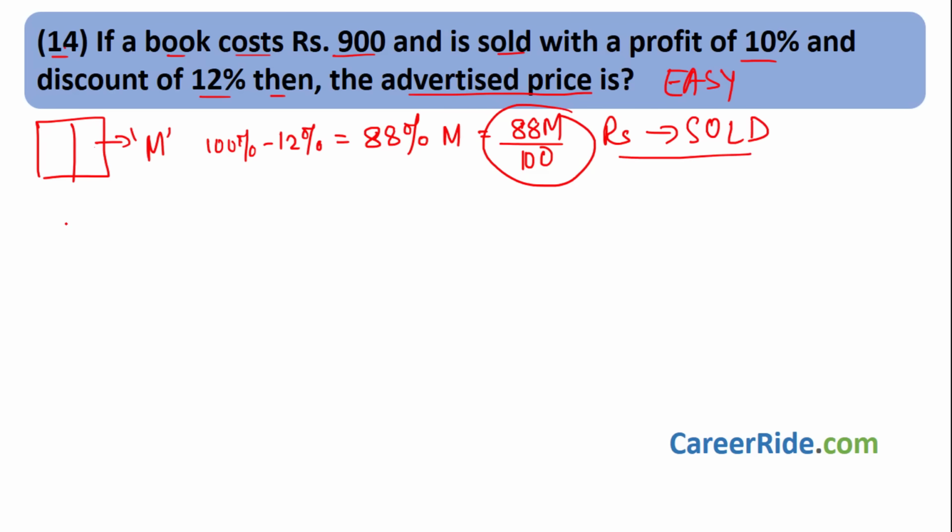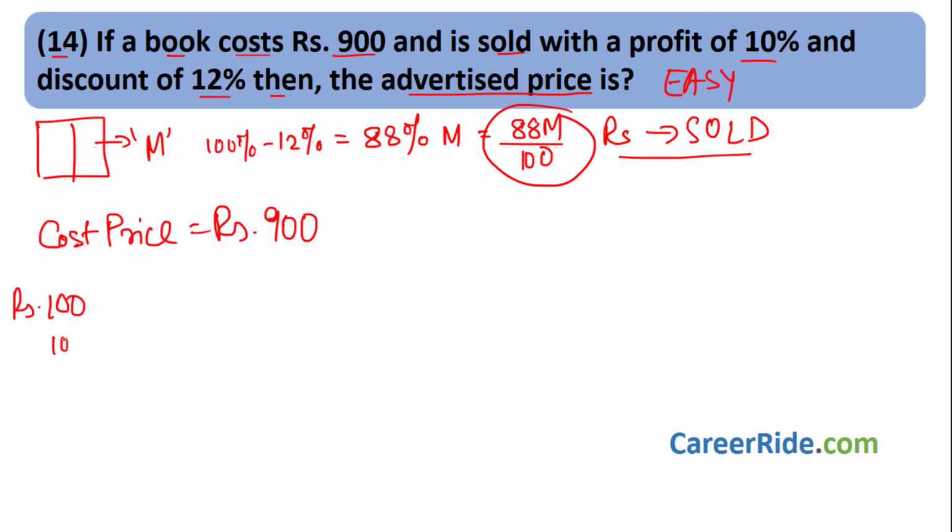Now what have they given? The book costs rupees 900. So the cost price of the book, that is the price at which the book is made, is rupees 900, and it is sold with a profit of 10%. Now let us take a very small example. Say if you have an object, okay, price of it is rupees 100 and you want to sell it with a 10% profit. What you will do?